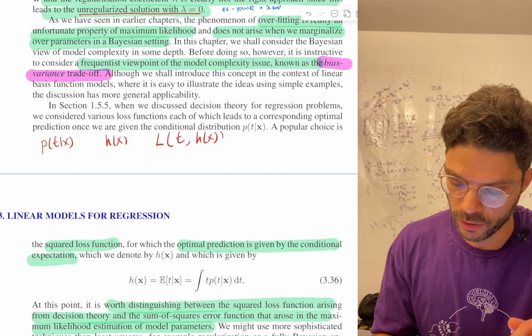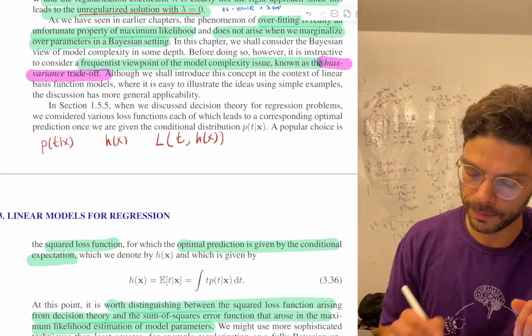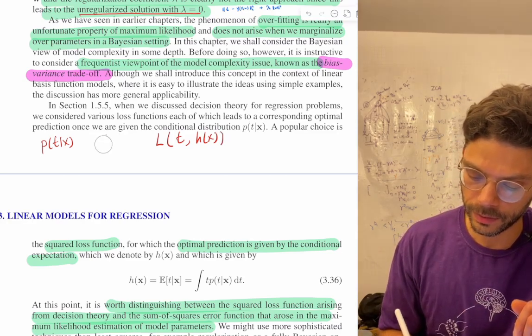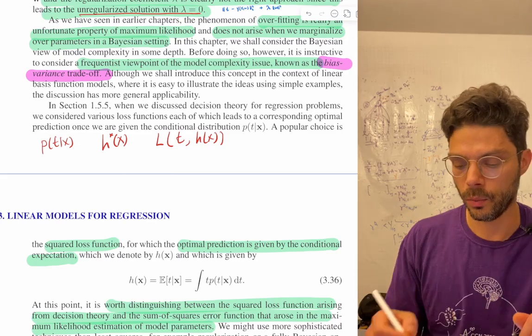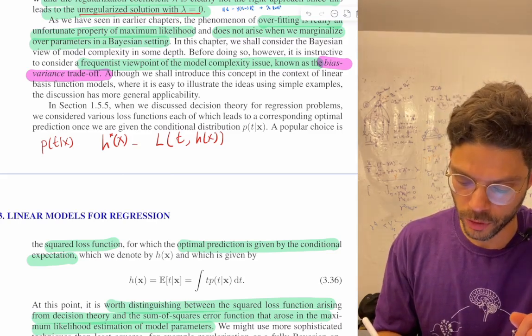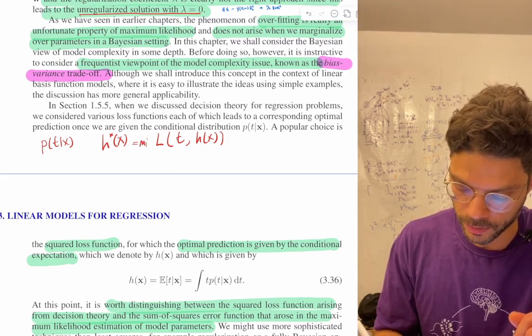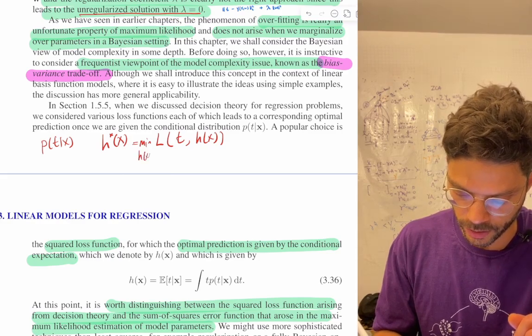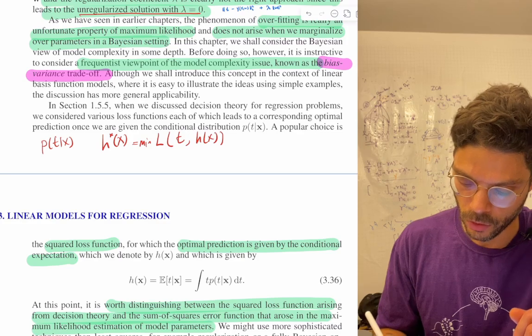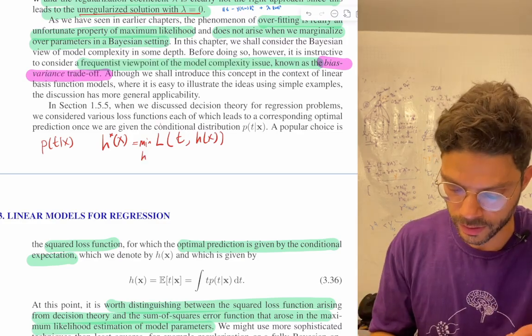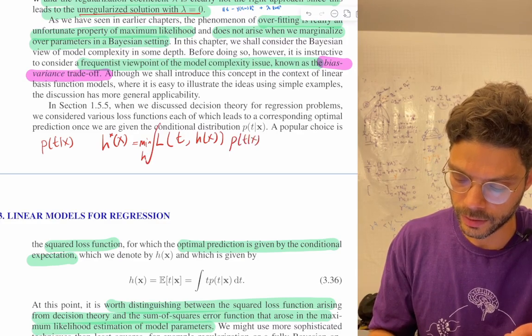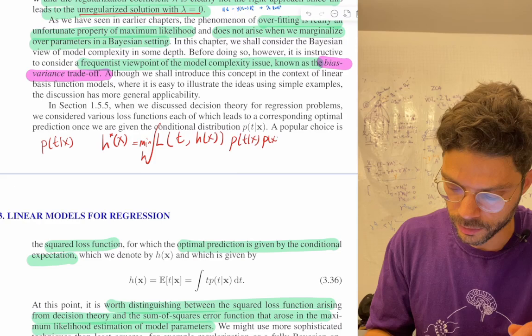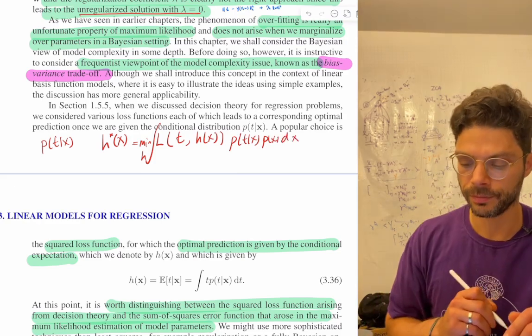And so what you wanted to do was pick an h(x) equal to the minimum over h(x), over h as a function of the data, integrated over the target and also the data, right?